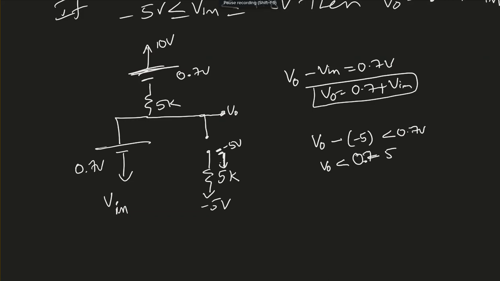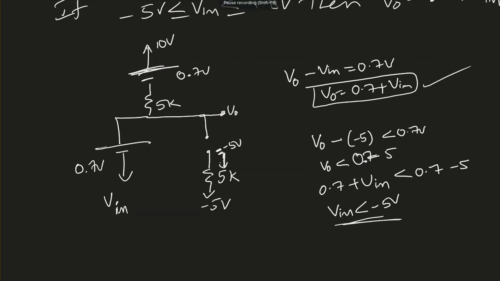If I substitute V0 equal to 0.7 plus Vn, it must be less than 0.7 minus 5. So Vn must be less than negative 5 volt.